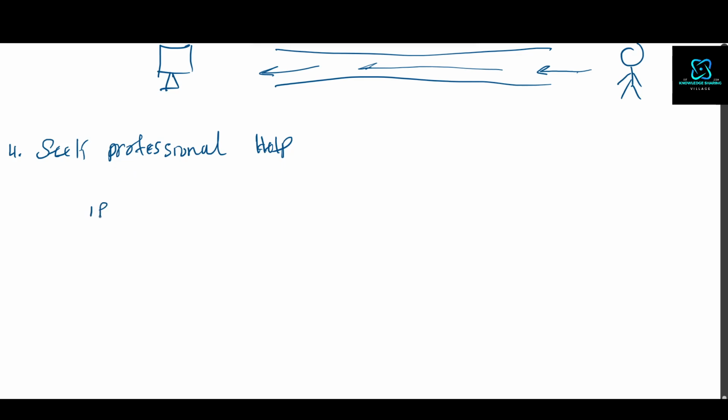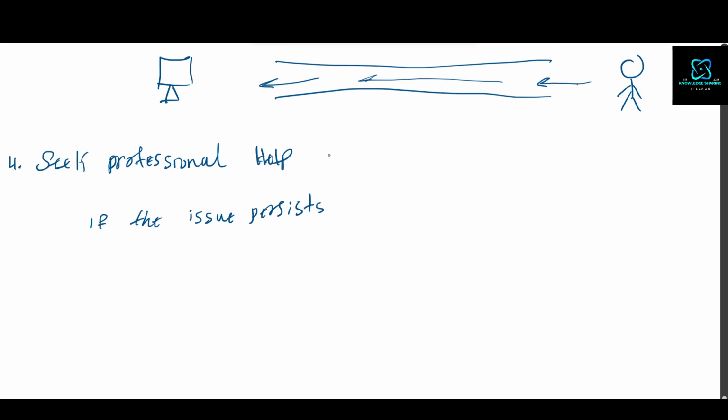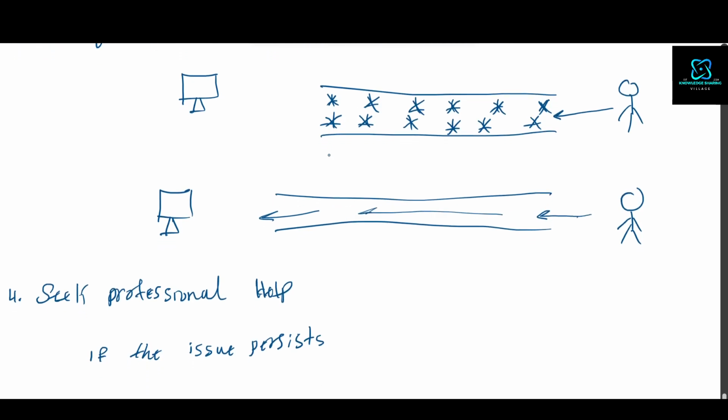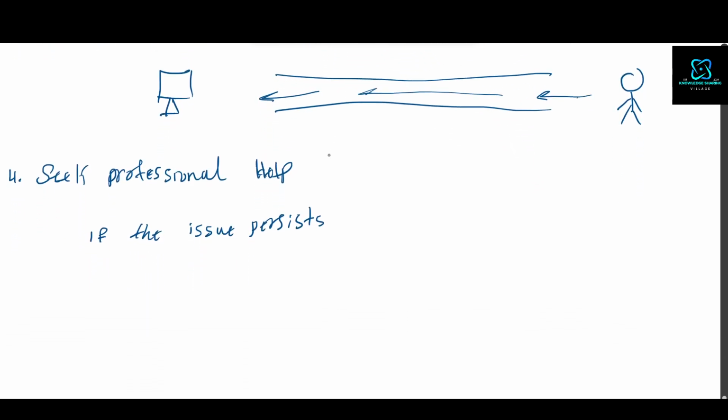If the issues that we have mentioned in this episode and in the episode about the signs that your device may be part of a botnet persist, then after you have taken these three steps, you should go to the fourth one and seek professional help.